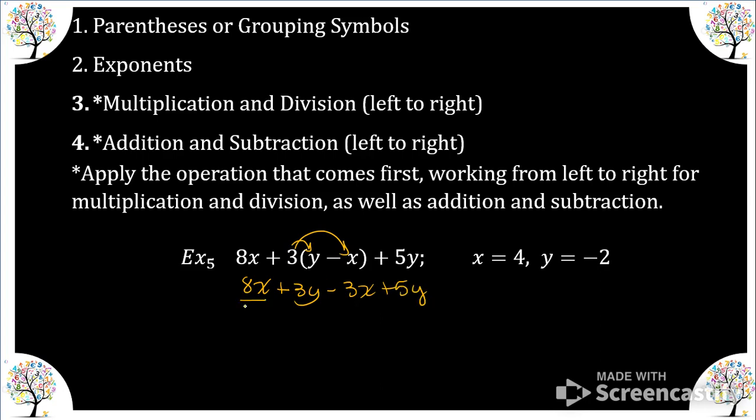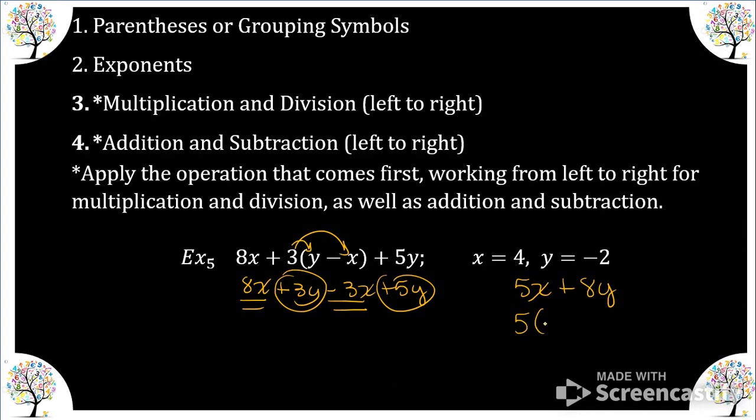Now we have some x terms, 8x minus 3x, and then we have some y terms, positive 3y and positive 5y. Now we have simplified, and now we can substitute 4 for x, negative 2 for y. This is much easier than plugging in 4 a couple of different places and negative 2 a few different places. So always simplify if you can first.